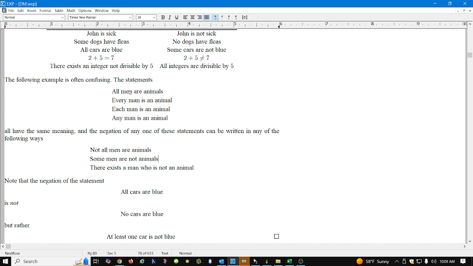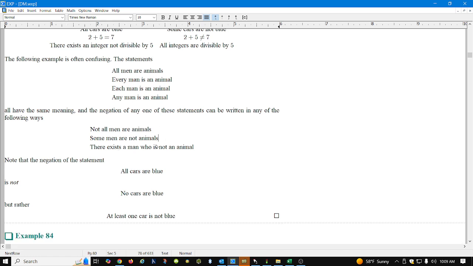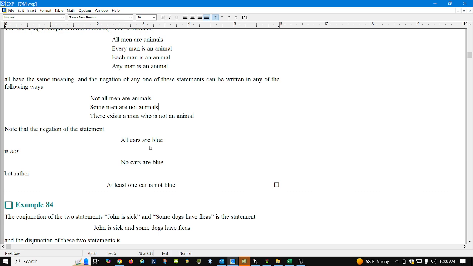The negation of all is some, but you have to add the not here. So this is for you to think about until it makes sense. There exists a man who is not an animal. Okay, and I repeated this because of the issues that some students have.